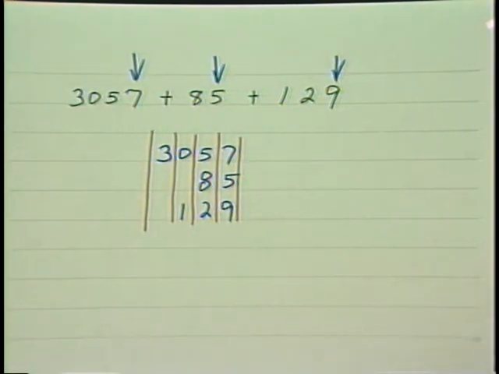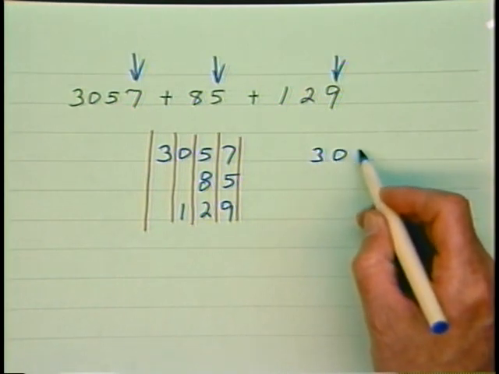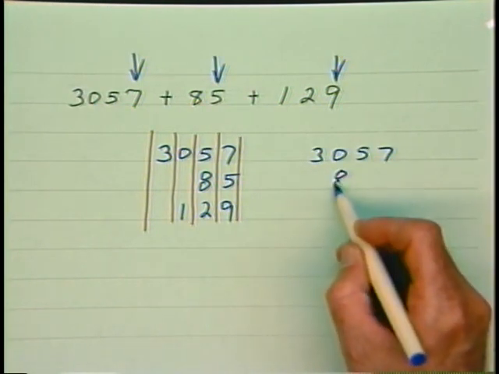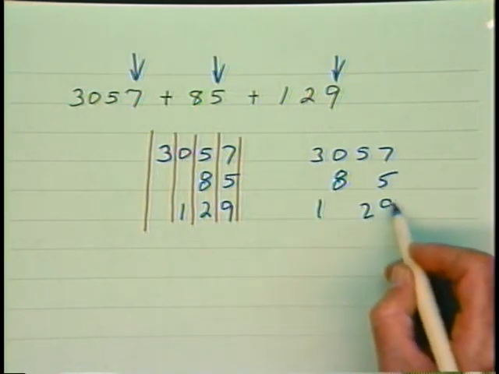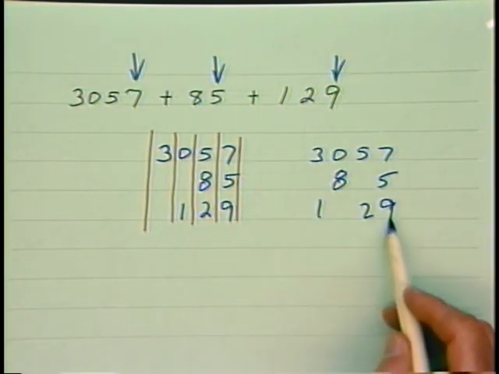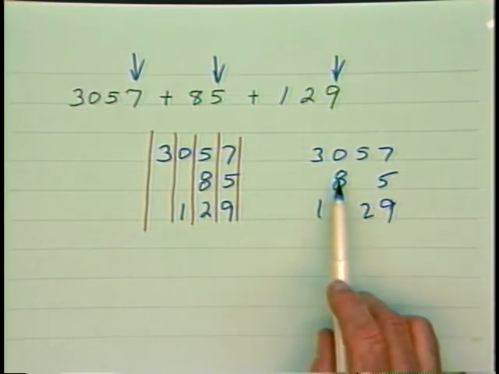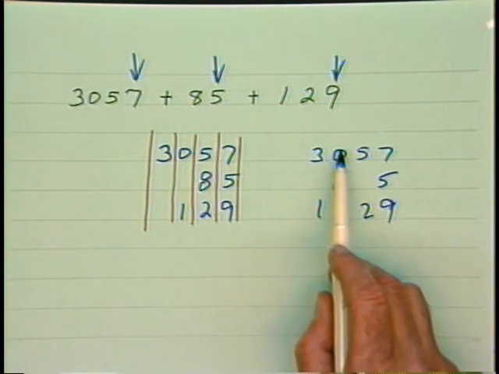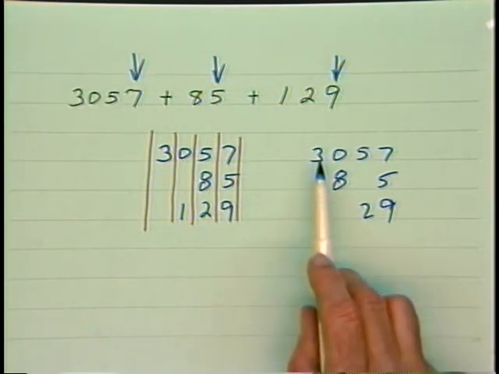Therefore, if one were careless, as some beginners tend to be with a situation like this, you might write something like this. Sort of spread your digits around, and you suddenly realize that's illegal. I cannot add tenths to hundreds, and I cannot add hundreds to thousands.